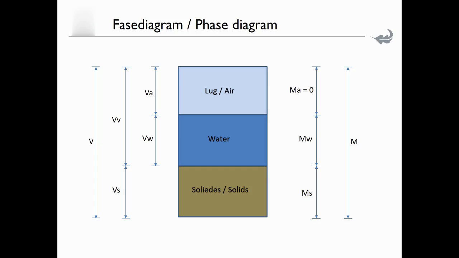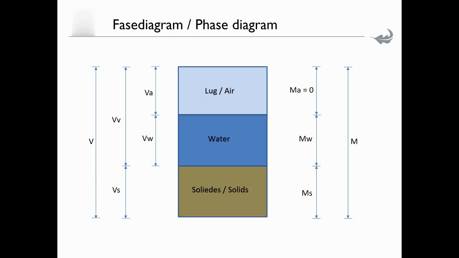This phase diagram describes the air, the water, and the solids. On the left-hand side, V is the total volume, Vv is the volume of the voids, and Vs the volume of the solids. And then the volume of the voids is divided into the volume of the air and the volume of the water.